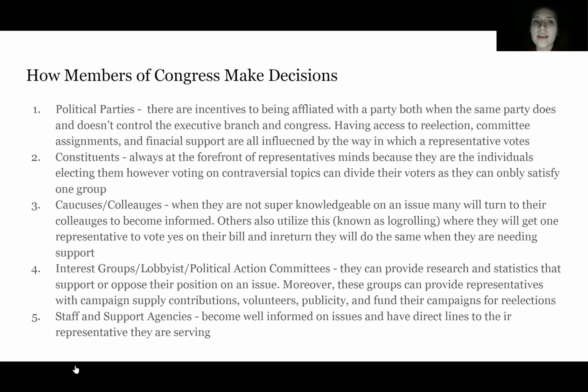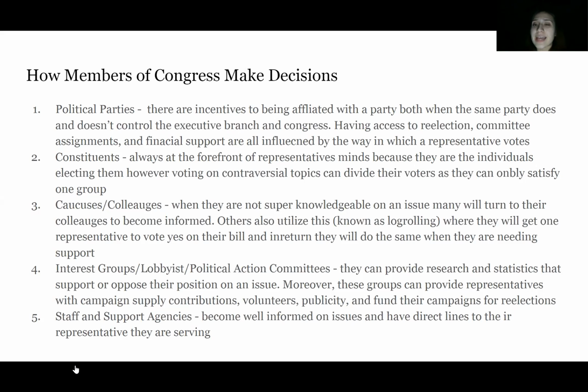Caucuses and colleagues. Obviously, representatives cannot be completely knowledgeable on every single issue that comes up on the House floor or the Senate floor. So they'll rely on their colleagues to inform them on issues.